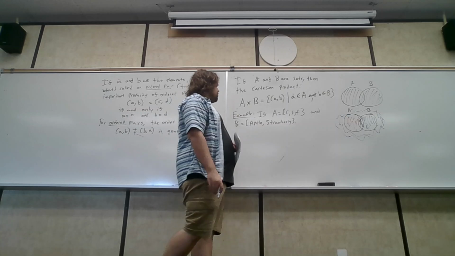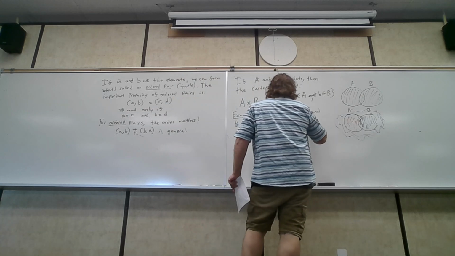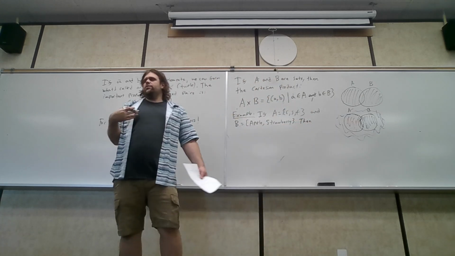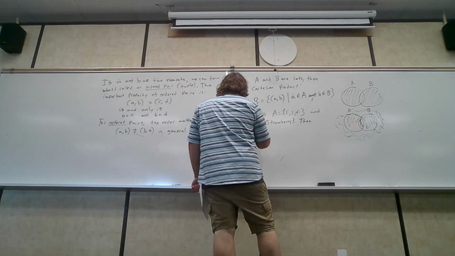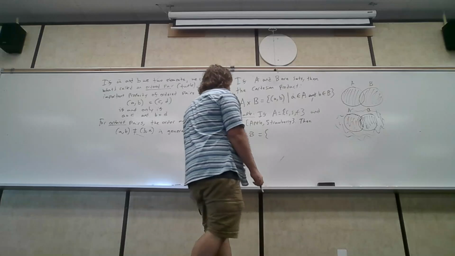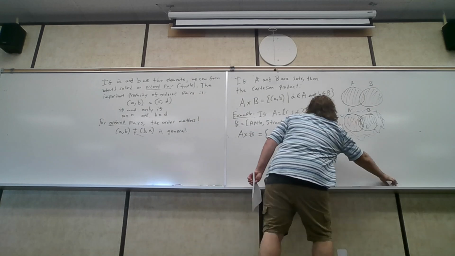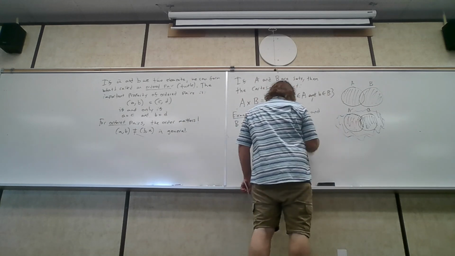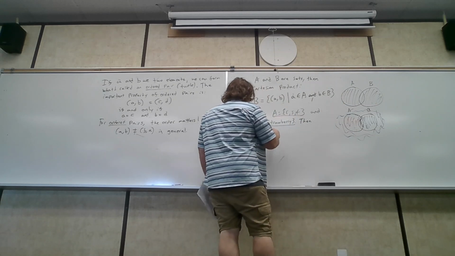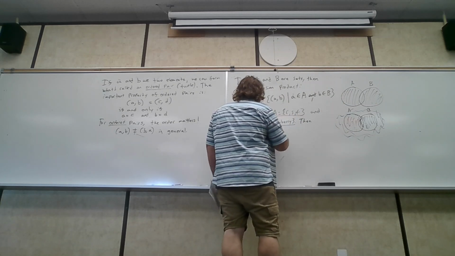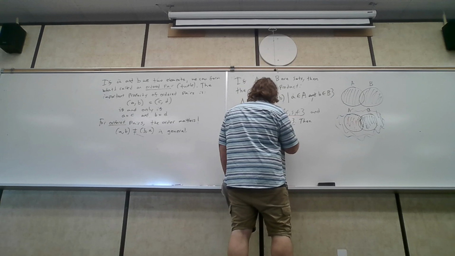So if we want to form the Cartesian product of these two sets, then we just have to think, what are all the ordered pairs we can make from these two things? Again, these are ordered pairs. We have our set A, and we have our set B. The easiest way to do this is just to take something from A, take something from B, and write out all of them.